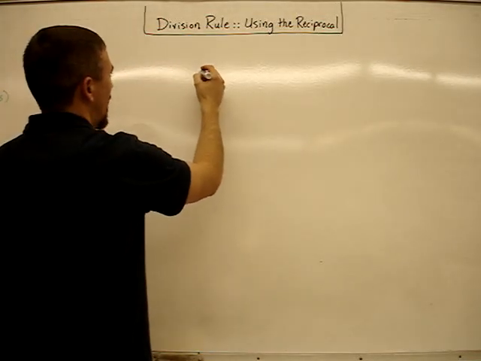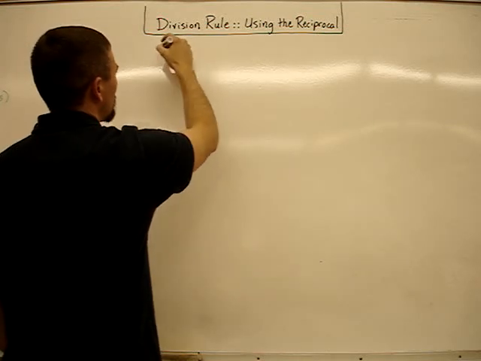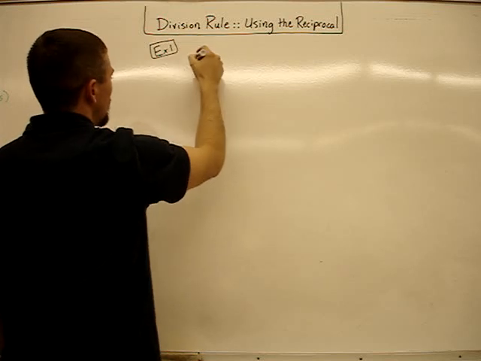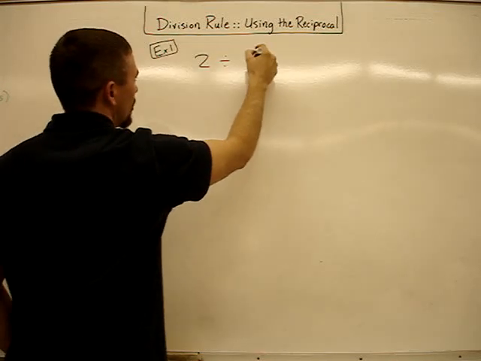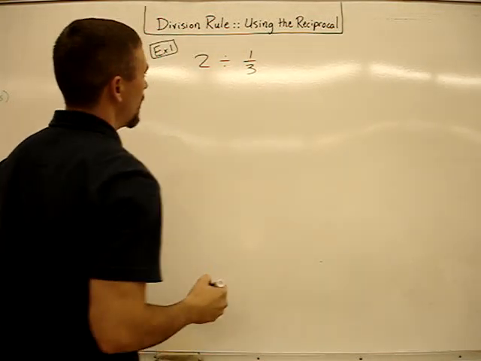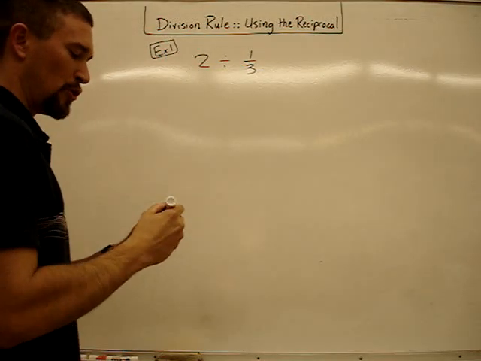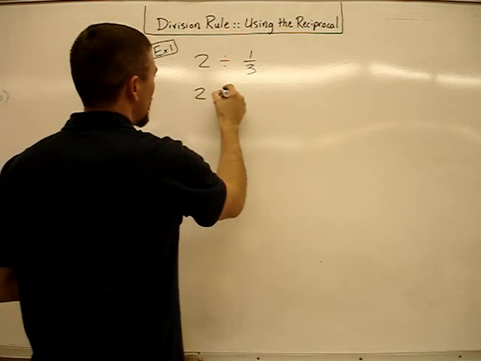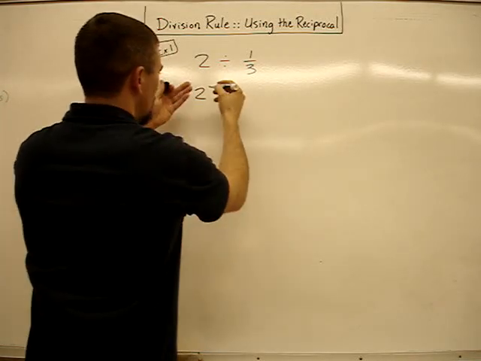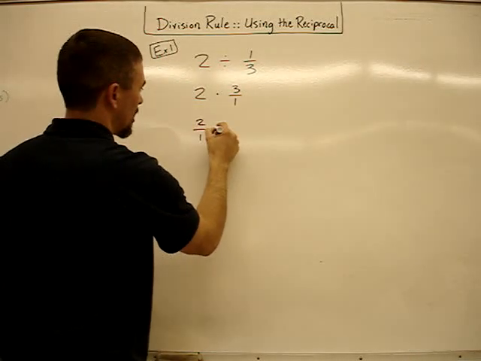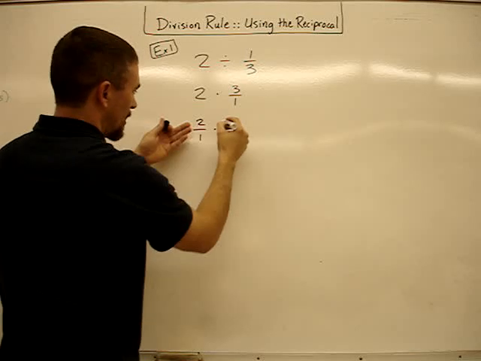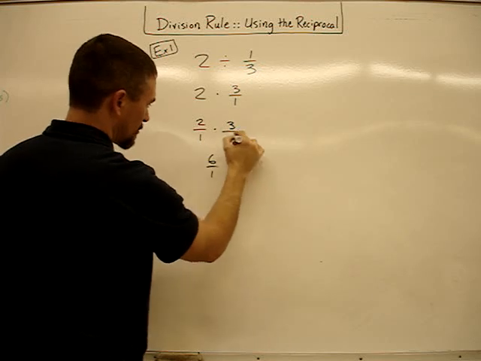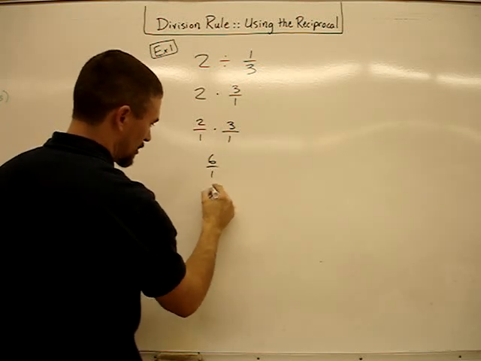So what you basically have is a problem like, let's say example 1. If you have 2 divided by 1/3, if you're just taught the procedure, you're taught this, 2 times 3 over 1, and then that tells you 2 over 1 times 3 over 1, and that gives you 6 over 1, because 2 times 3 is 6, 1 times 1 is 1, and 6 over 1 is just 6.